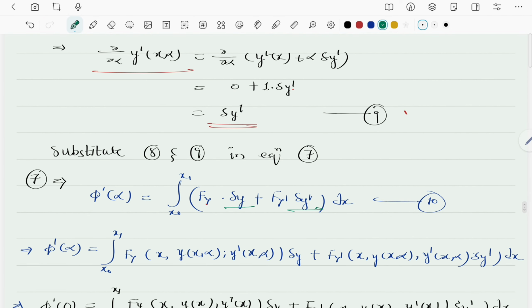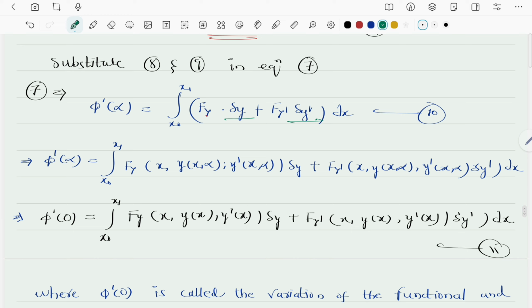Therefore phi dash of alpha is equal to the integral from x0 to x1 of fy into delta y, and also delta y is the variation.